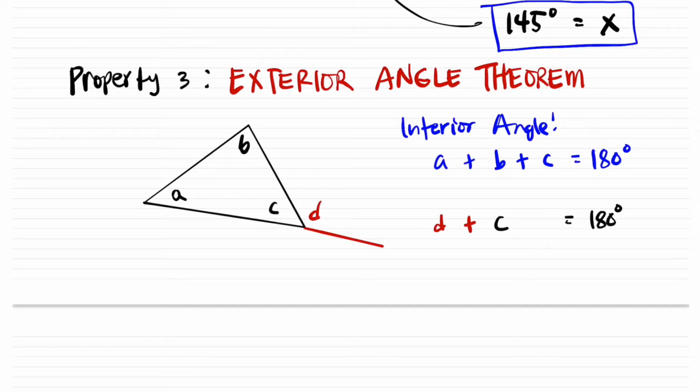Correct? So if we move C to the other side, look at this, A plus B plus C is equals to 180 degrees.